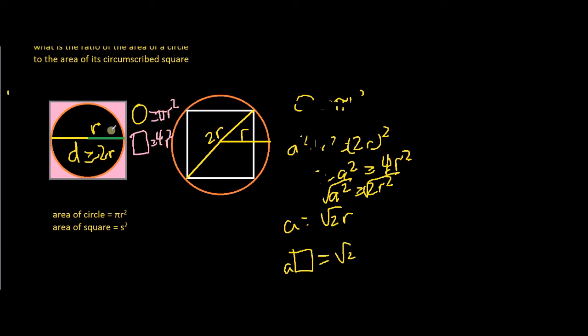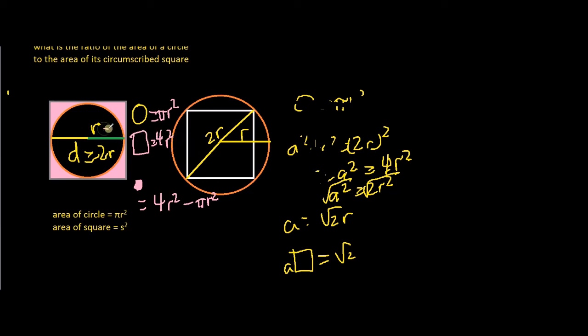So then the pink area is going to be the area of the square minus the area of the circle. So the pink area here is equal to 4r squared minus pi r squared. Easy, right?